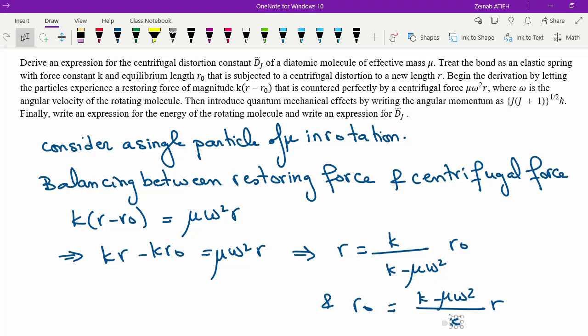Now, in difference to pure rotation, in the approximation of the rigid rotor, where the energy of rotation is only manifested as kinetic energy, in the case of a non-rigid rotor there is a potential energy that builds up upon the change in the bond length. Because we are treating the bond as elastic, the non-rigid model includes potential energy in addition to the rotational energy.